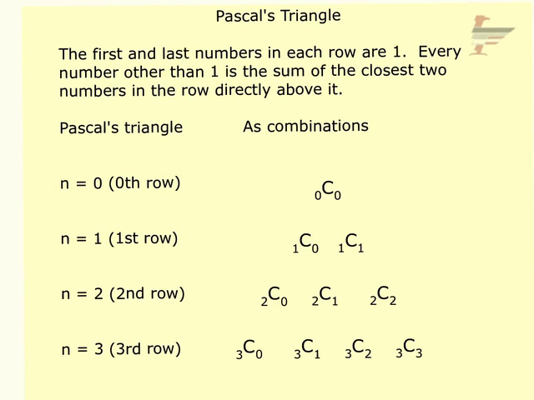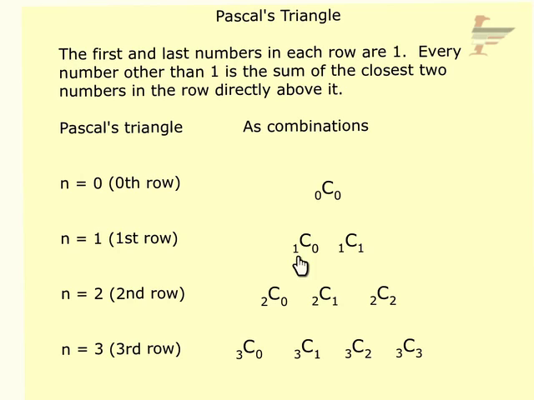Okay, so here's Pascal's triangle. The first and the last numbers in each row are always 1s, and every other number other than 1 is the sum of the closest two numbers in the row directly above it. Now, before I fill in the numbers, I want you to see the pattern because it's actually quite simple. The 0th row is 0 choose 0.